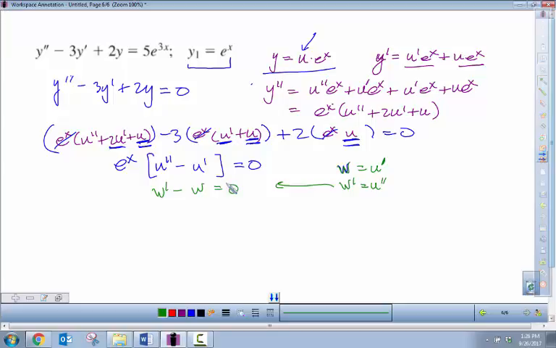So now we have a linear differential equation. This is the old W prime equals W. If this was more complicated, you would do the integrating factors and all that stuff, but if it's something you know, then you can just do it. So this is just e to the x.